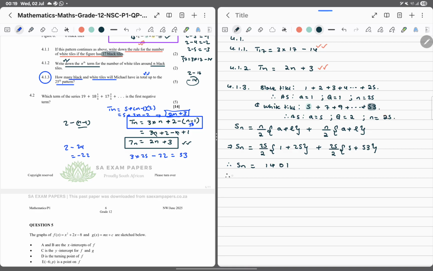So we can say therefore there will be a total of 1401 black and white tiles. Easy peasy lemon squeezy.